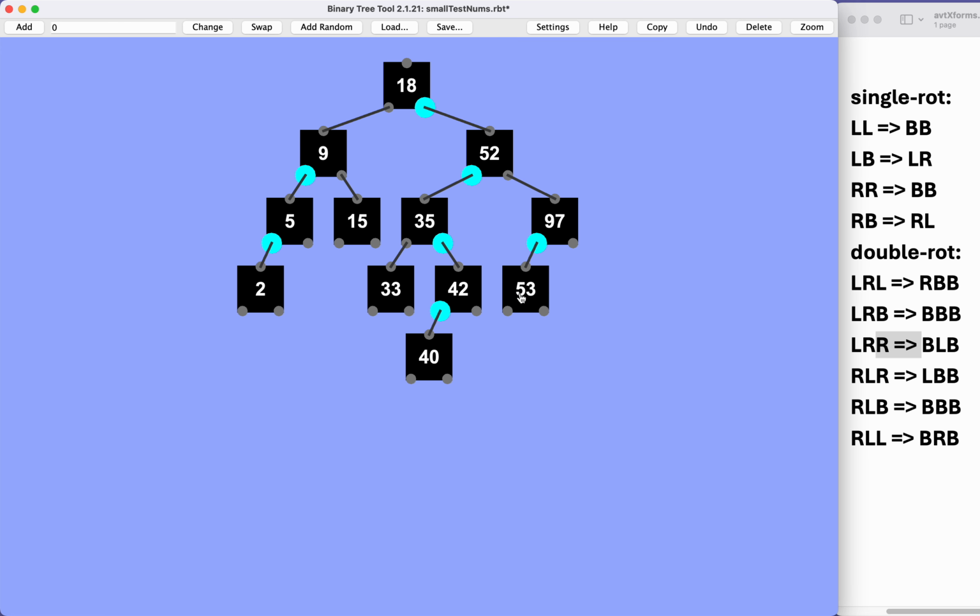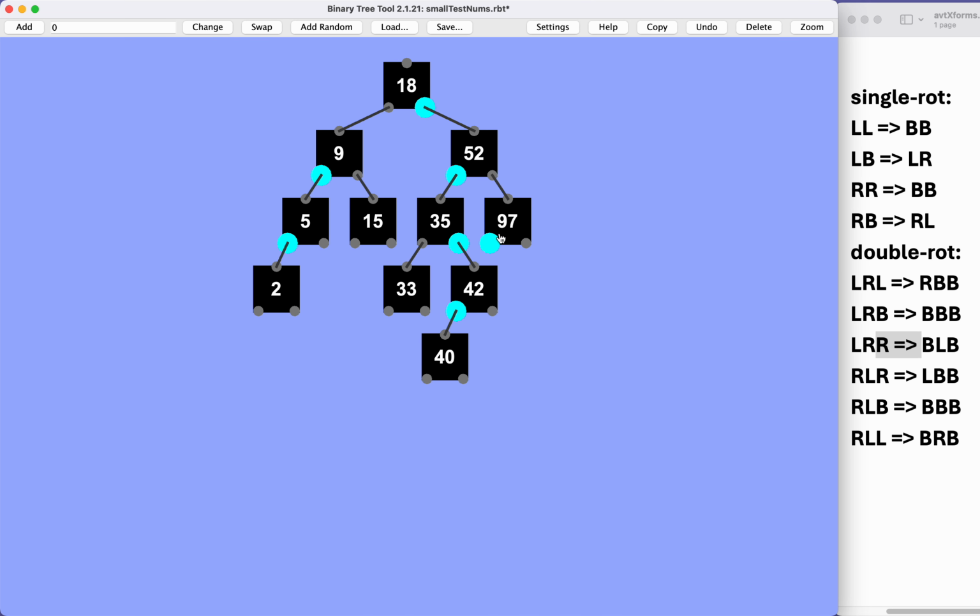Next thing we do is we delete the 53. Well, the 97 has seen its child go from non-null to null, therefore adjust its balance factor. But this guy has gone from unbalanced to balanced, therefore this guy has shrunk, therefore this guy needs to adjust his balance factor to the left, away from the deletion.